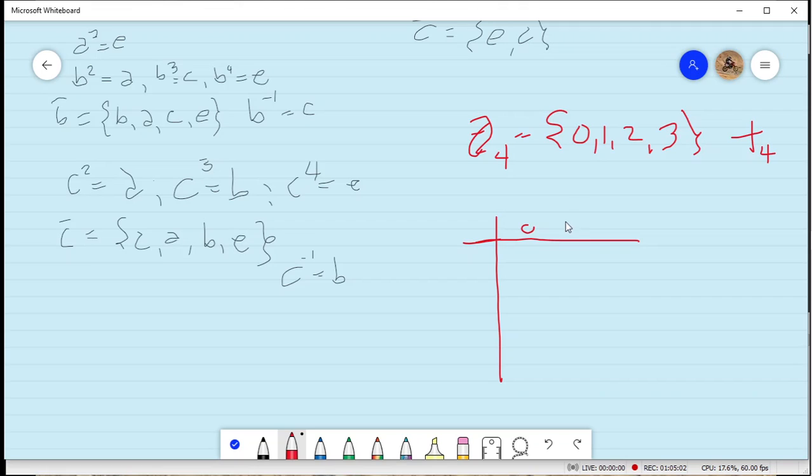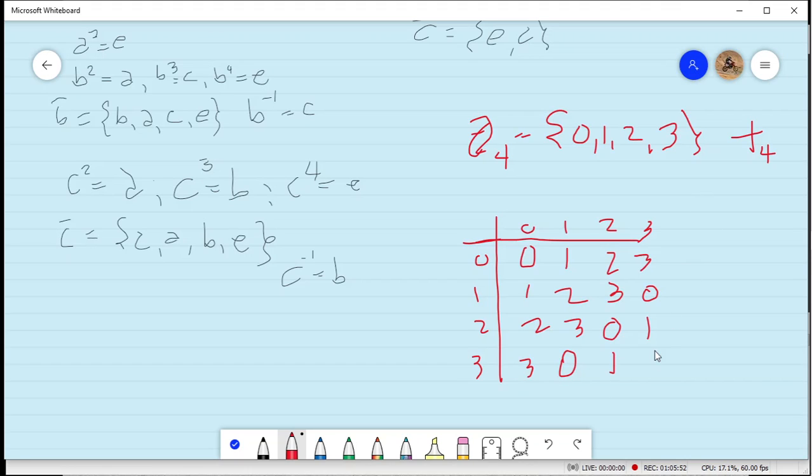0, 1, 2, 3, 0, 1, 2, 3. So this is 0, 1, 2, 3, 1, 2, 3. 1 plus 1 is 2. 1 plus 2 is 3. 1 plus 3 is 0. 2 plus 1 is 3. 2 plus 2 is 0. 2 plus 3 is 1. 3 plus 1 is 0. 3 plus 2 is 1.